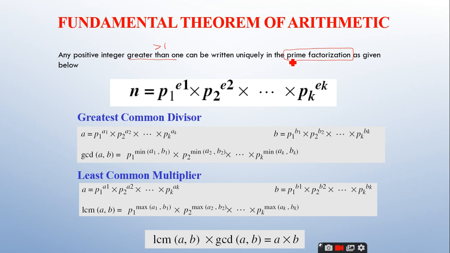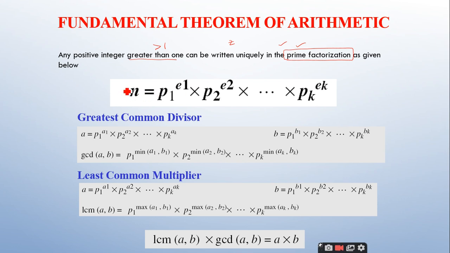So, any number you take from Z, the set of integers, that is greater than 1 can be uniquely represented as a product of prime factors. That is called the prime factorization.